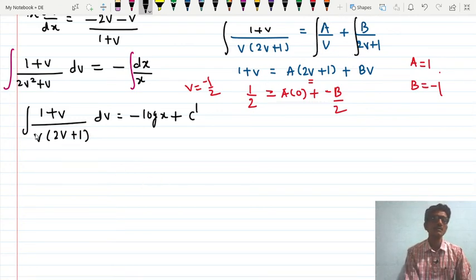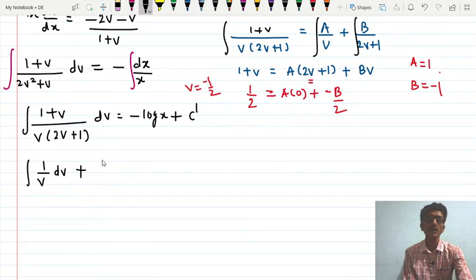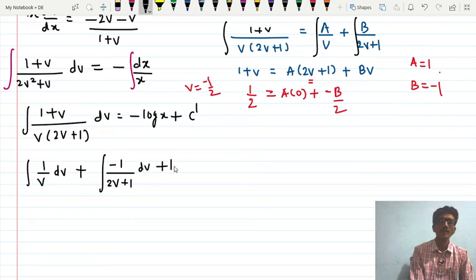Integration of a is 1 upon v dv plus b, which is -1, upon 2v plus 1 dv, and the right hand side is, we take log x on the left hand side, log x equal to c dash.